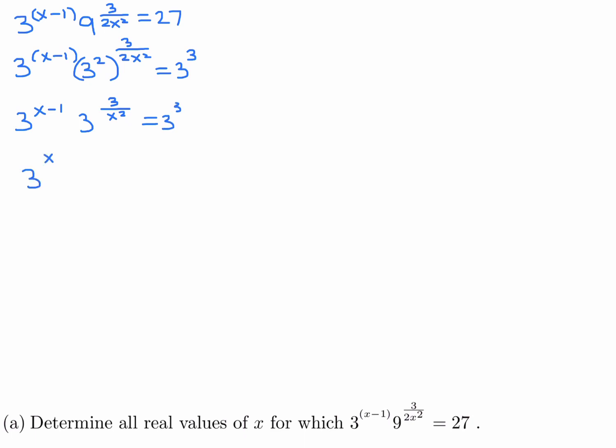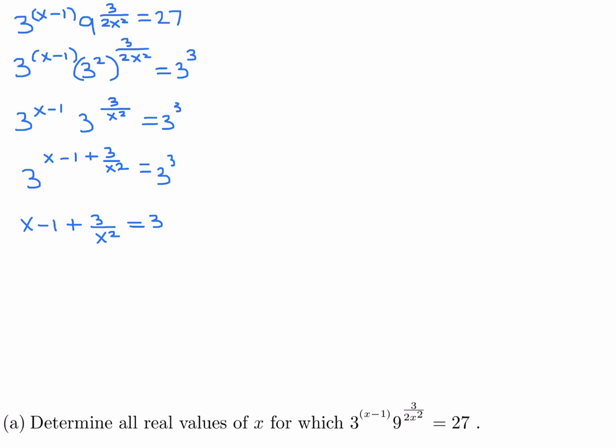Combining, you get 3 to the power of x minus 1 plus 3 over x squared is equal to 3 to the power of 3. Since the bases are the same, the exponents are the same, so that means x minus 1 plus 3 over x squared is equal to 3. So that takes care of the first part of the question.